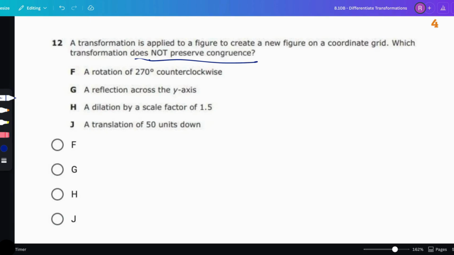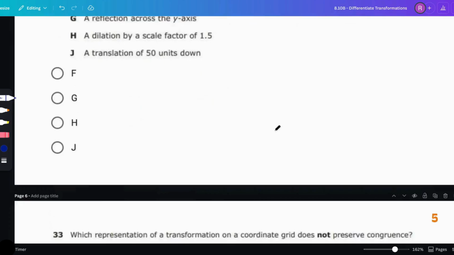And out of the four types of transformation we have translation, dilation, reflection, and rotation. Only one changes the size. So which one changes the size? If you've forgotten, go back to the last question that I explained and you'll figure it out.